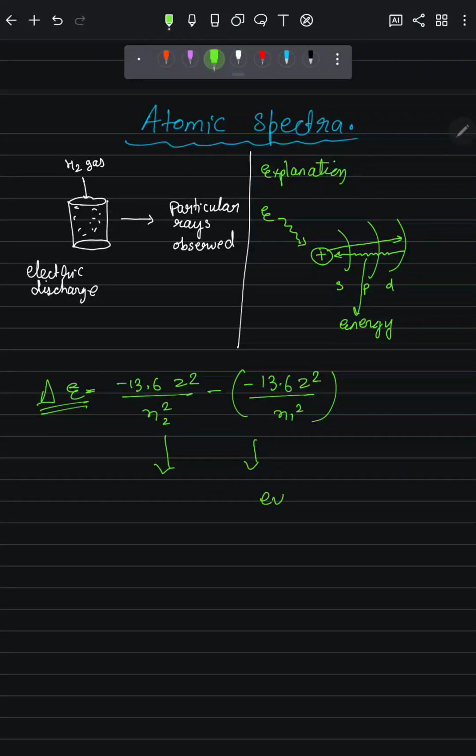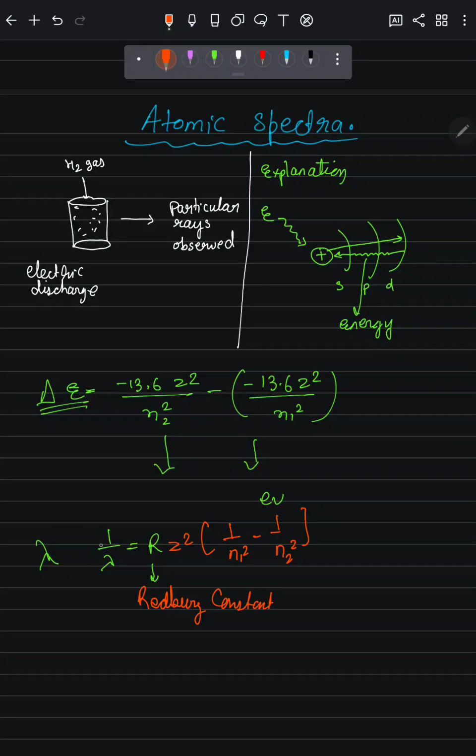And for calculating the wavelength of these radiations between two different excited states, we use a formula known as 1 upon lambda is equal to R, which is represented by the Rydberg constant, Z square, 1 upon n1 square minus 1 upon n2 square.